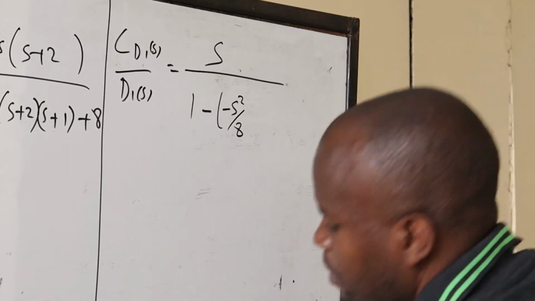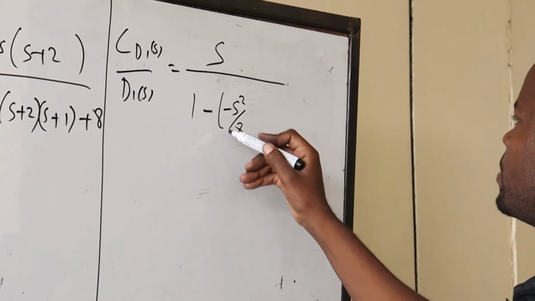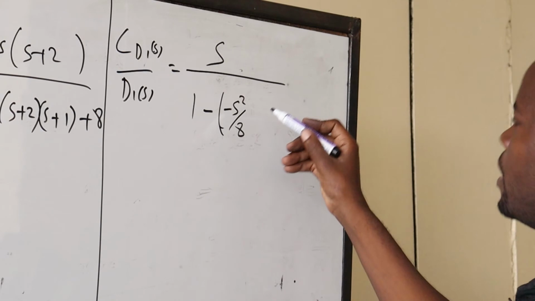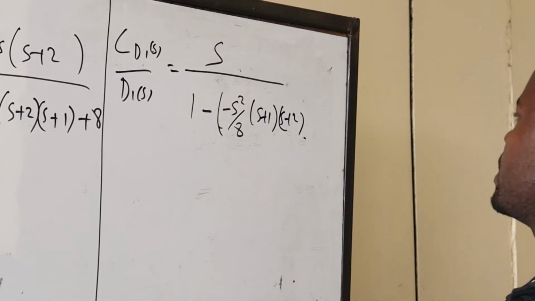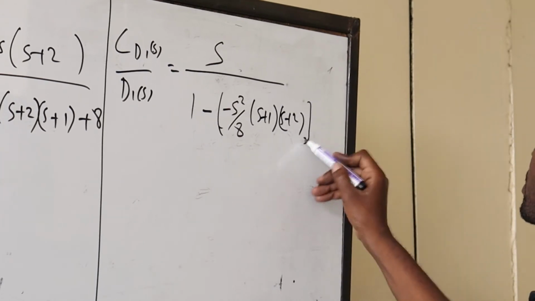So this S for the G, that S for the G, into S plus 1, S plus 2. So that is what we are going to have.